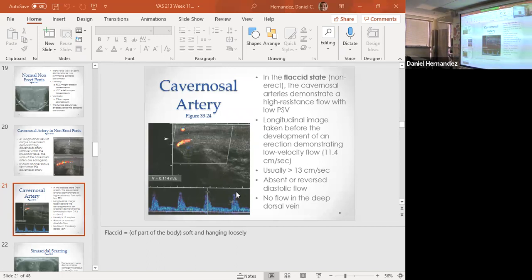The velocities usually are going to be less than 13 centimeters per second. We usually have absent or reverse diastolic flow, and there's no flow in the deep dorsal vein.